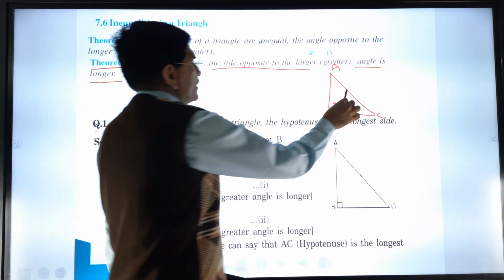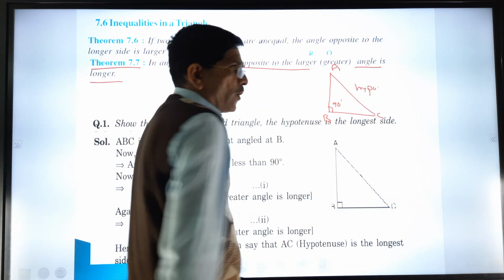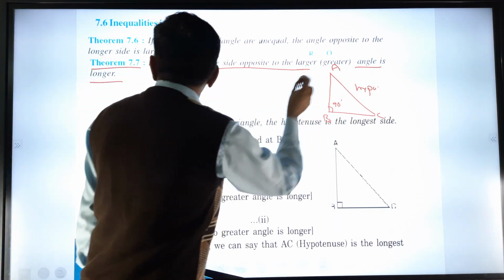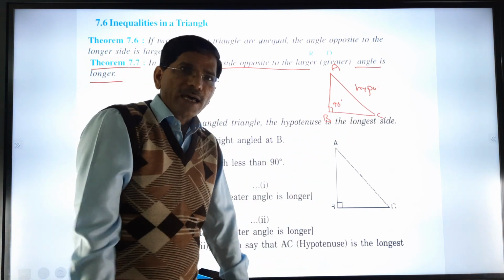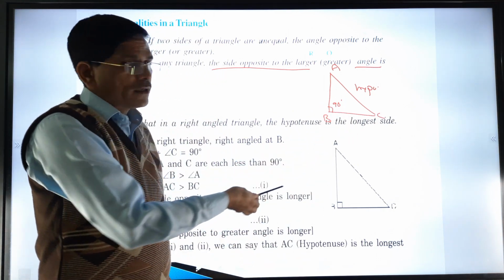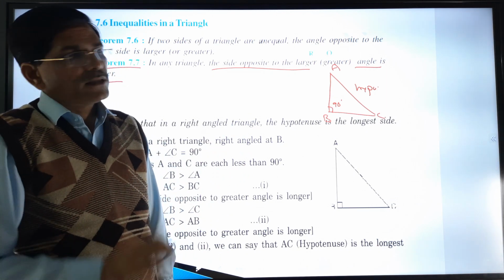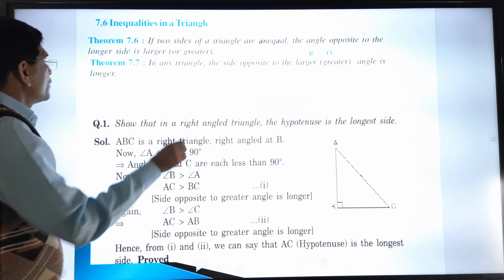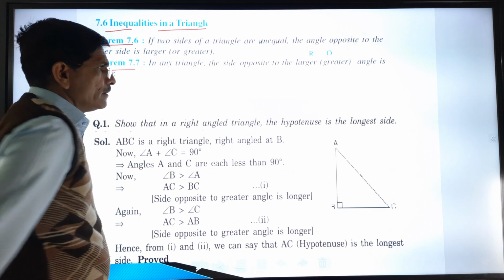Here we can say it is the longer side, that is, the hypotenuse. If the longer side is there, then the side opposite to the larger angle is longer. So 90 degrees is the larger angle, and the side opposite to it, the hypotenuse, is the larger. So these are the two theorems related with the inequalities of triangle.